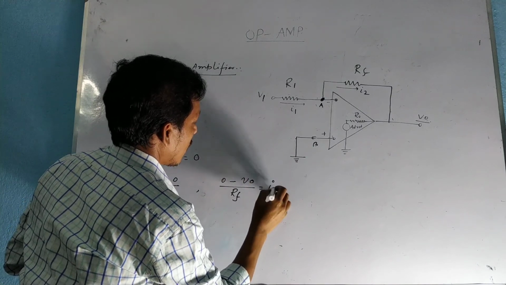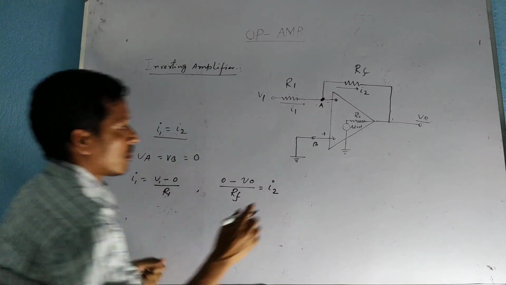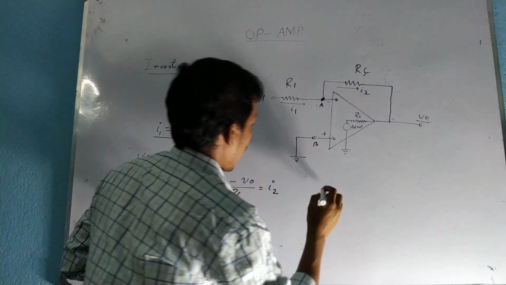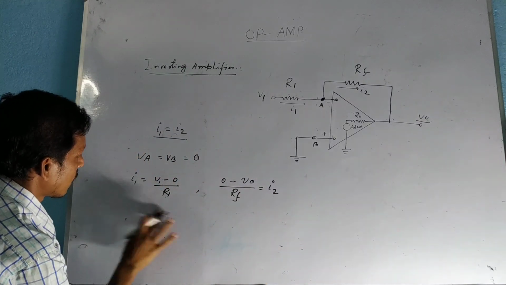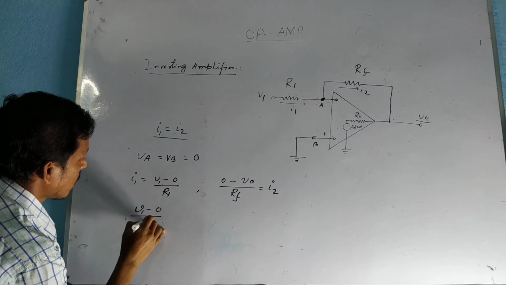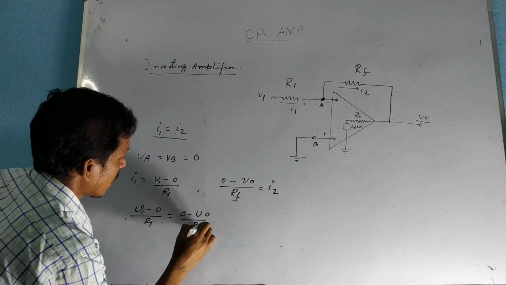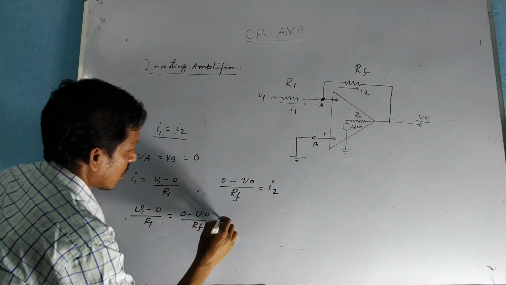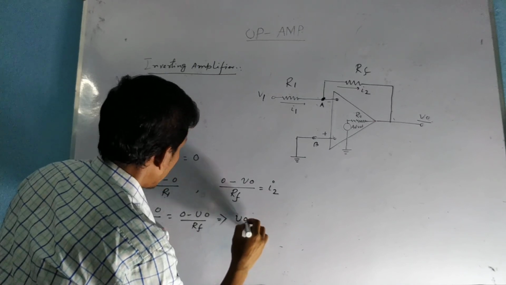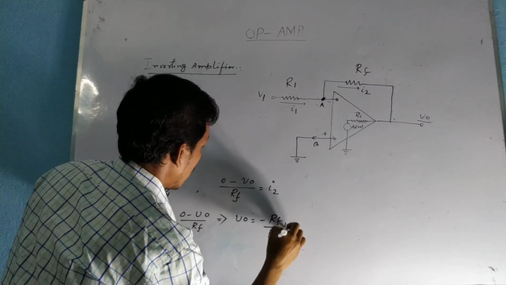This is I2. Okay. And since I1 equals I2, from these two equations we get V1 minus 0 by R1 equals 0 minus V0 by RF, or V0 equals minus RF by R1 into V1.